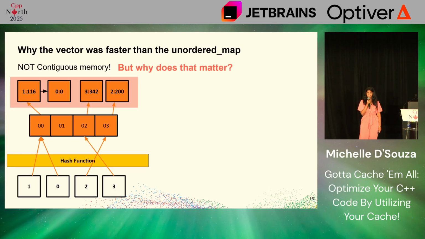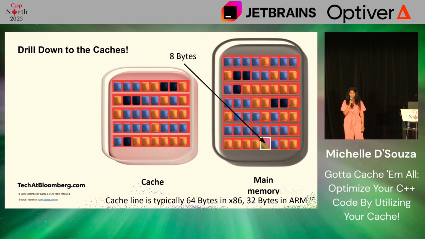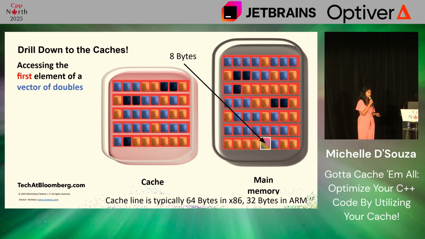But why does this matter? Well, we do need to drill down to what our caches look like. If you think about this diagram, where those tiny boxes represent 8 bytes of memory, what happens when you try to access the very first element of your vector of doubles, where in this architecture a double is 8 bytes?